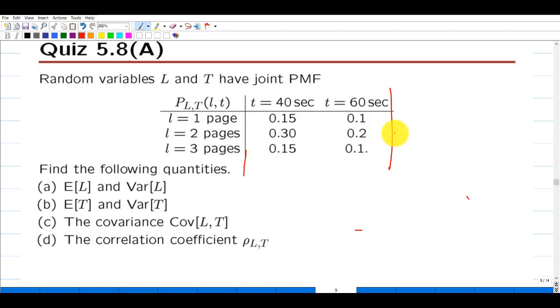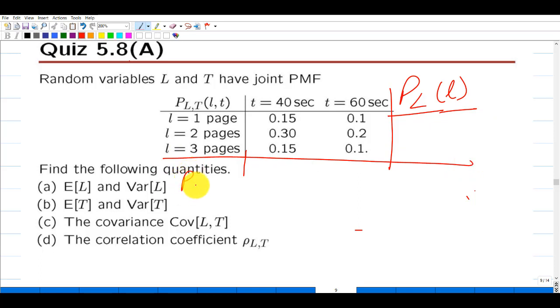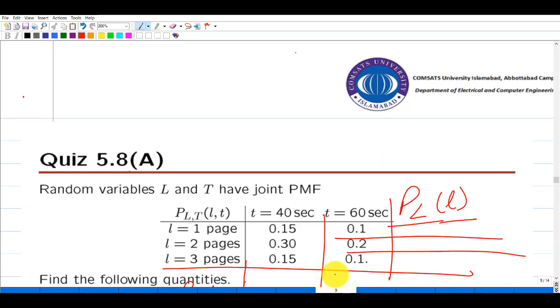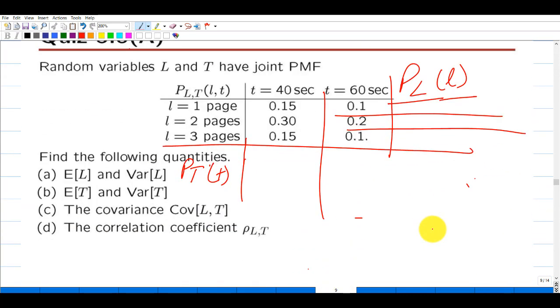Again we will do this summation to find the marginal PMF of L, and here we will have the marginal PMF of T. So it will be 0.25, 0.5, 0.25. Here it would be 0.6 and 0.4.